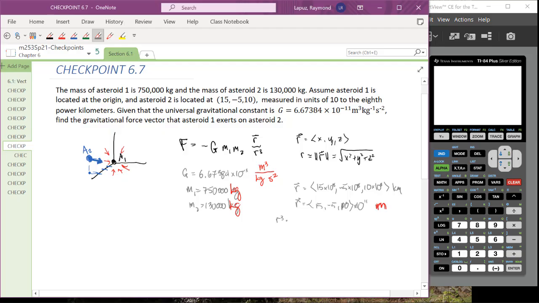If we follow the same logic and process here, it's going to be 15 times 10 to the 8th, this is in kilometers, and then we're going to square it, plus -5 times 10 to the 8th squared, kilometers squared, plus 10 times 10 to the 8th kilometers squared, and then we're raising this to the 3/2.